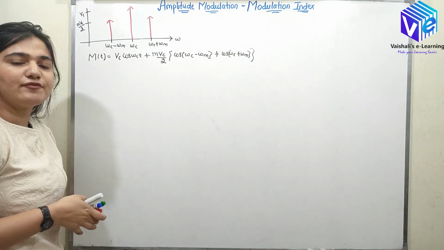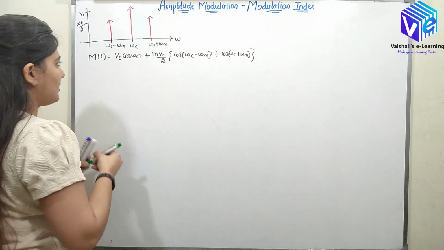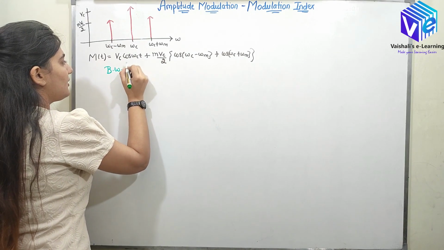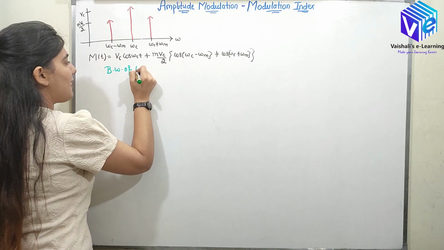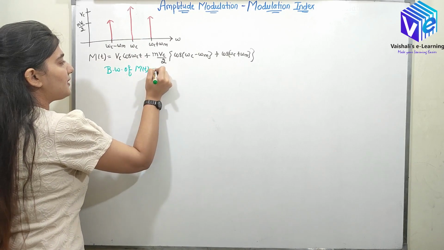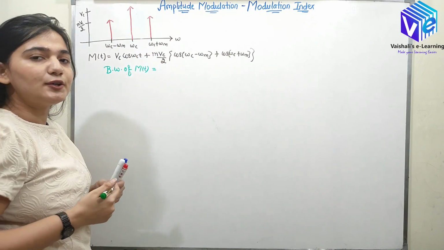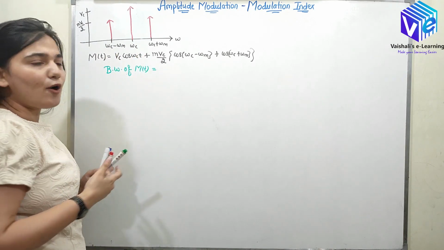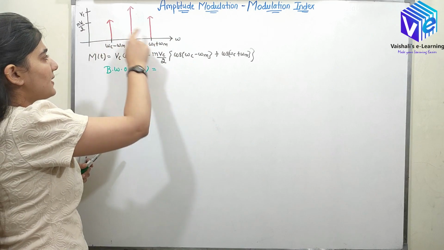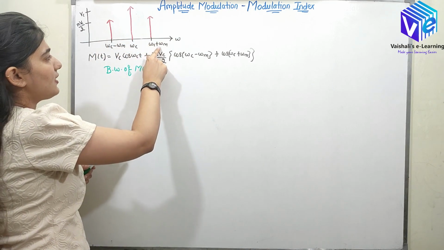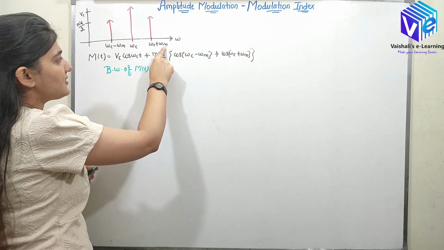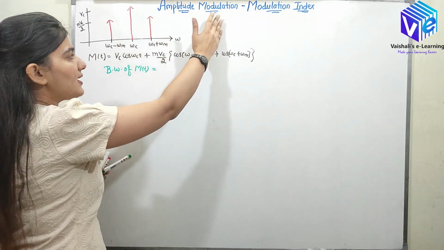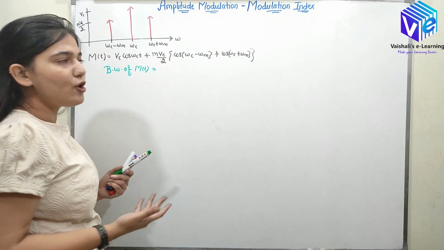Now if I have to find the bandwidth of the modulated signal m(t): the bandwidth is the total range of frequency over which the signal is contained. It is spread over the frequencies ranging from omega c minus omega m to omega c plus omega m. Above omega c plus omega m and below omega c minus omega m, I don't have the modulated signal.